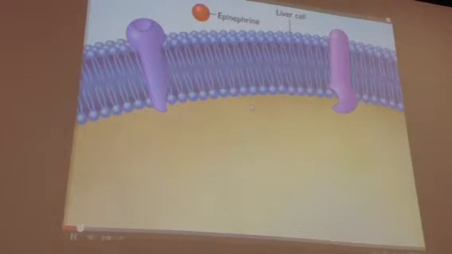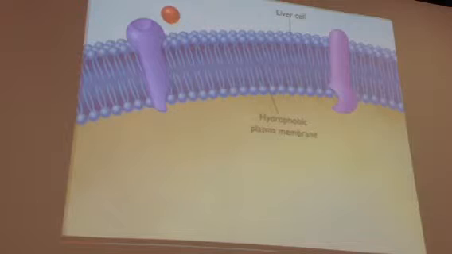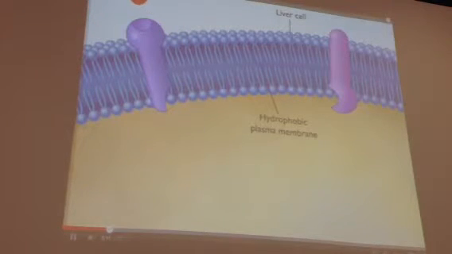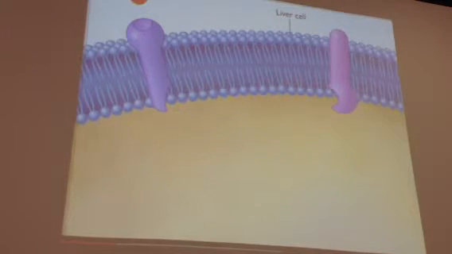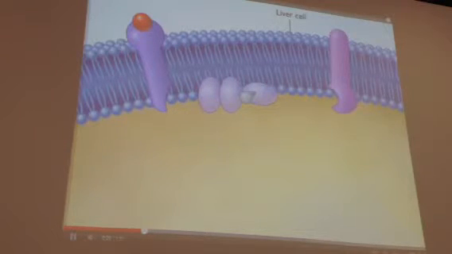So this is norepinephrine. And therefore unable to cross the hydrophobic plasma membranes of its target cells. Instead, it binds to receptor proteins located in the plasma membrane and does not enter the cell. When epinephrine binds to beta-adrenergic receptors on the liver cell, G proteins on the inner side of the cell membrane are activated.